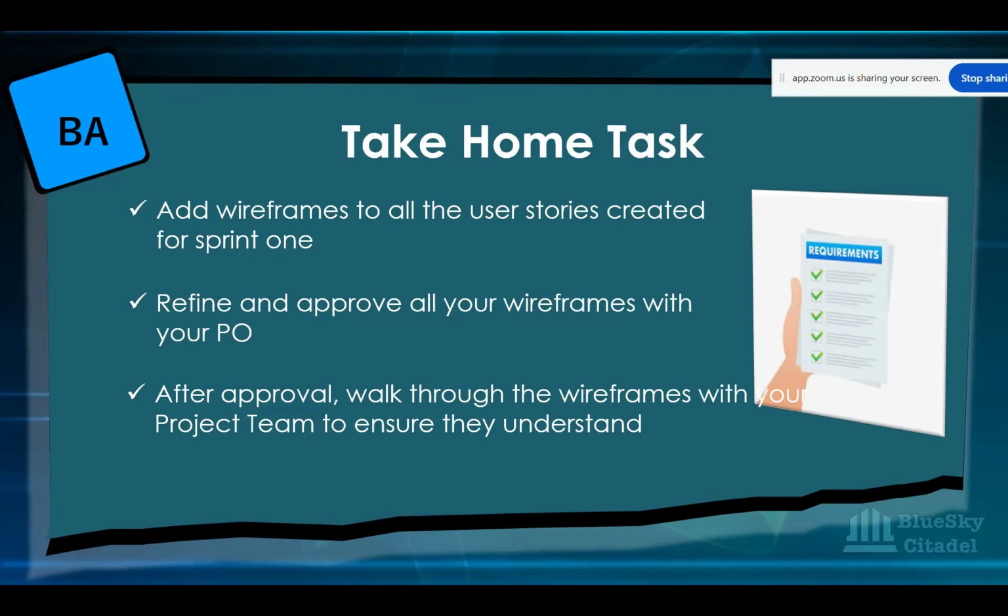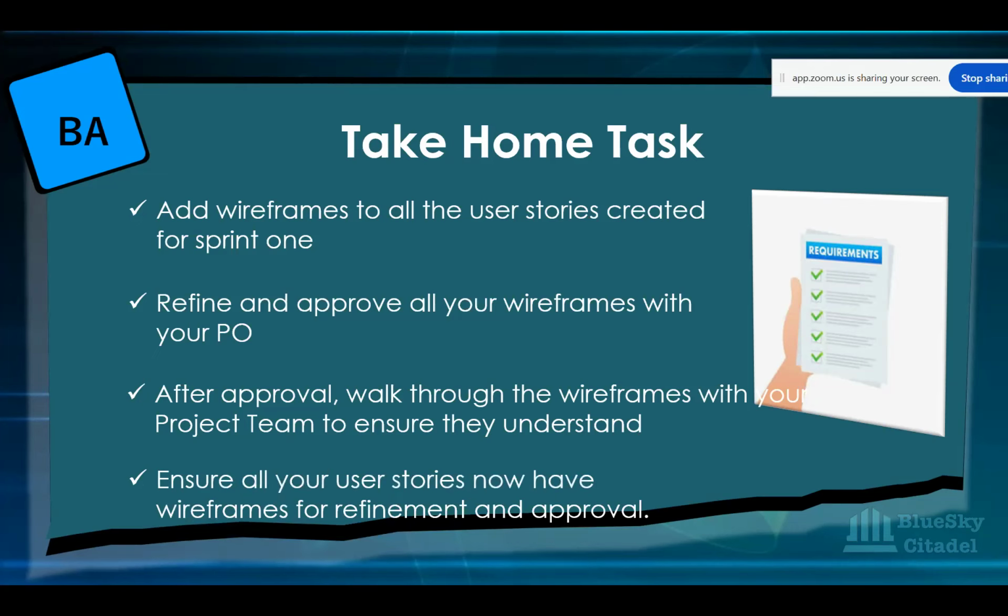So once you're done with all of that, you pull up your wireframe. Your wireframe is a picture. That's it, right? So everything that you said will be represented on your wireframe. And you have to ensure that all that is accurate.